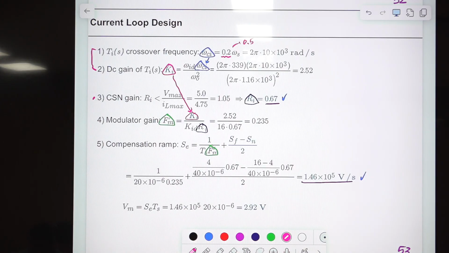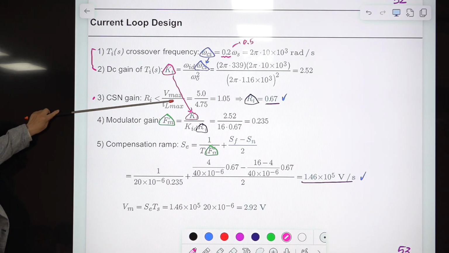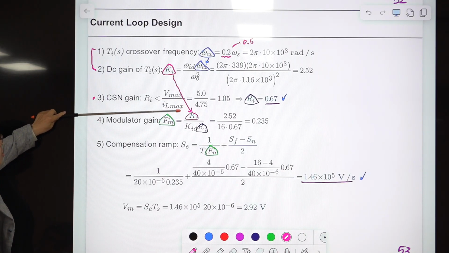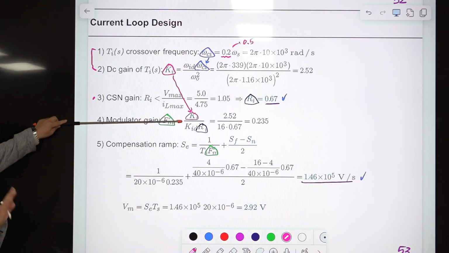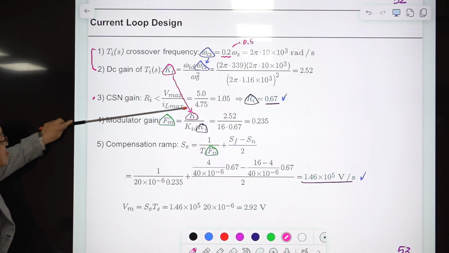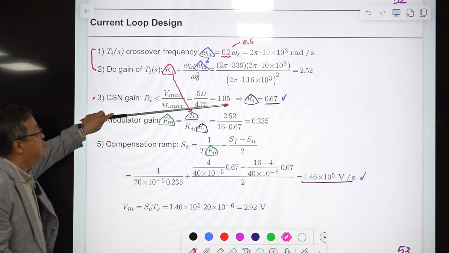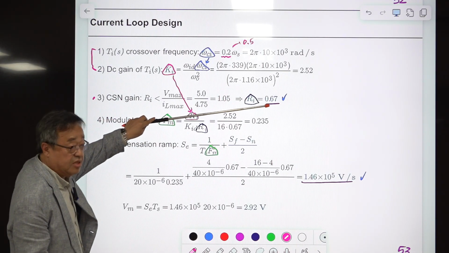And the R_i is determined by dividing this maximum allowable voltage at the PWM input, V_max, divided by the peak value of the inductor current, not sensed, inductor current. So this number is this one. So R_i should be this. So I selected R_i, this one. Okay.